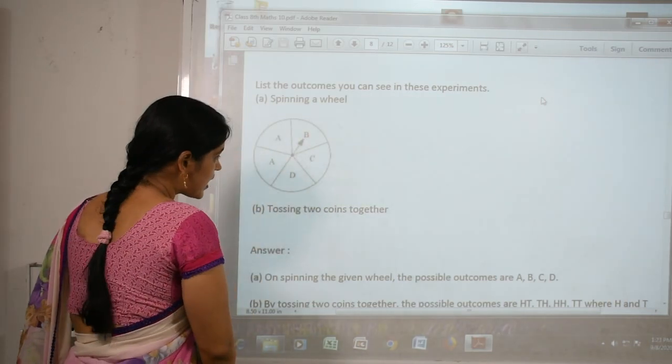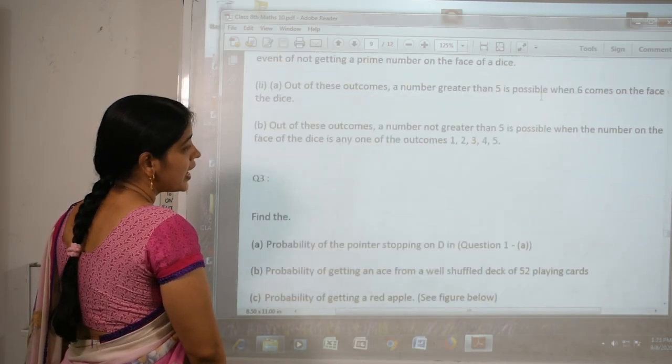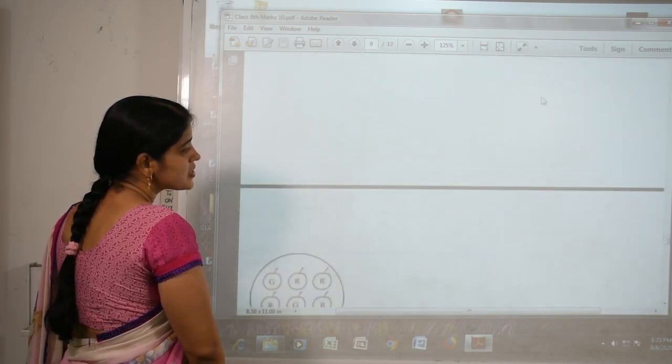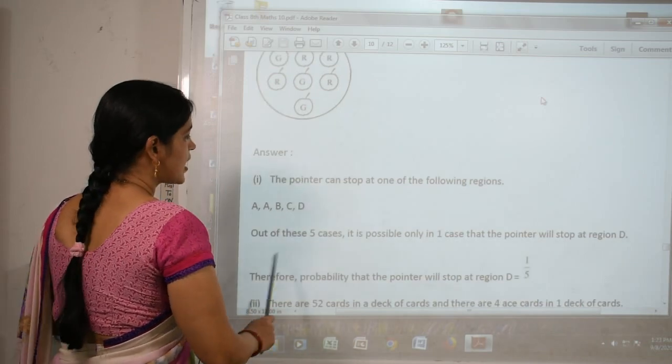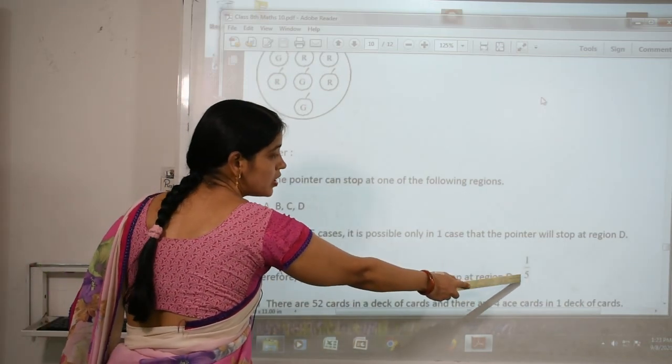So favorable outcomes is 1 and total number of outcomes is 5. So our answer is 1 upon 5.